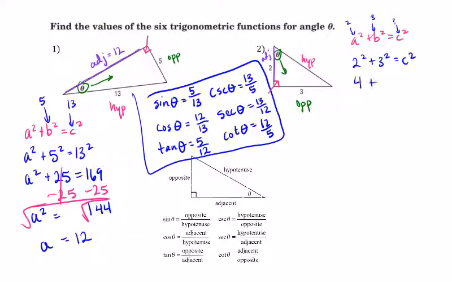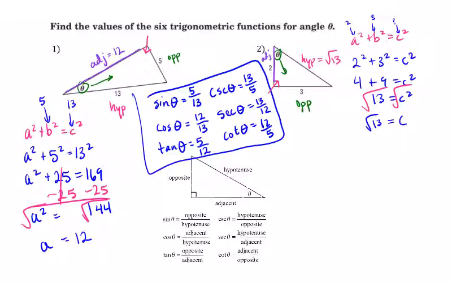So this will be 4 plus 9 equals c squared. 13 equals c squared. So then we'll take the square root of 13 on both sides. And we can't simplify that, right? 13 is prime. So it's just going to be c equals root 13. And that's fine. Just leave it like that. So we know that hypotenuse is root 13.